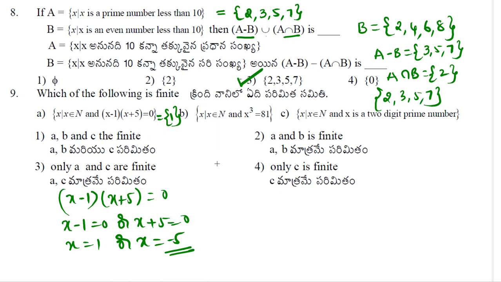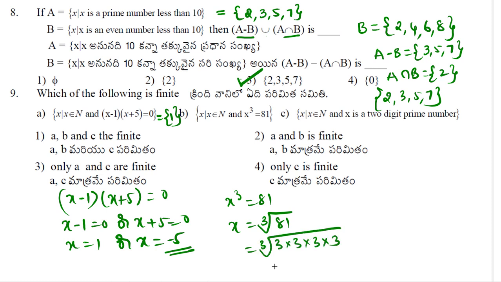Next let us go to B. x belongs to N, x cube equals 81. So x cube equals 81 means we can say x equals the cube root of 81. So 81 we can write as 3 into 3 into 3 into 3. This is the cube root of that, so we can't write this as a natural number.